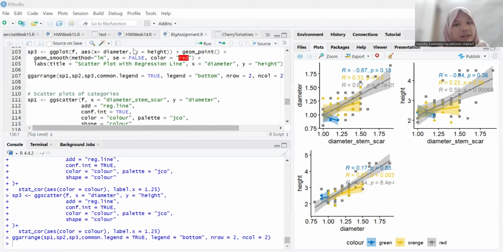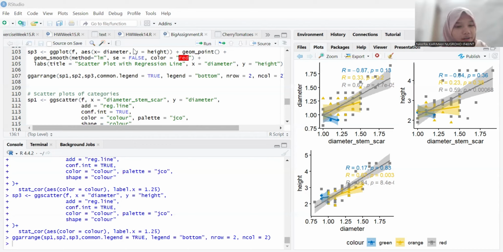And for the next diagram, height versus diameter at stem scar, we can see that the height and diameter at stem scar of green tomatoes have a moderate negative correlation coefficient. And the height versus diameter at stem scar for orange tomatoes has a weak positive correlation coefficient, while the height for the red tomatoes versus the diameter at stem scar of red tomatoes has a moderate correlation coefficient.